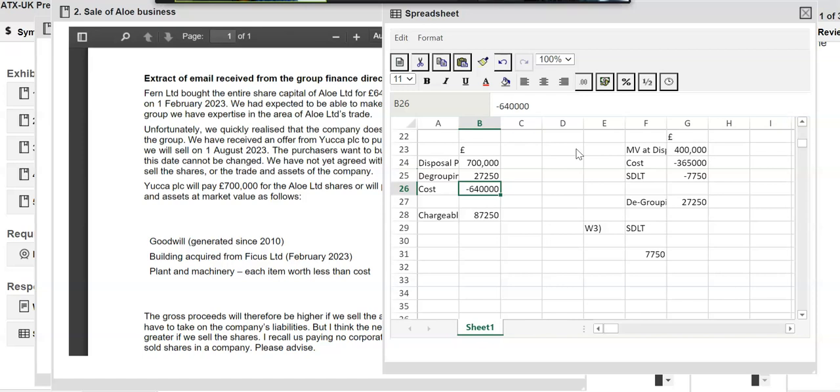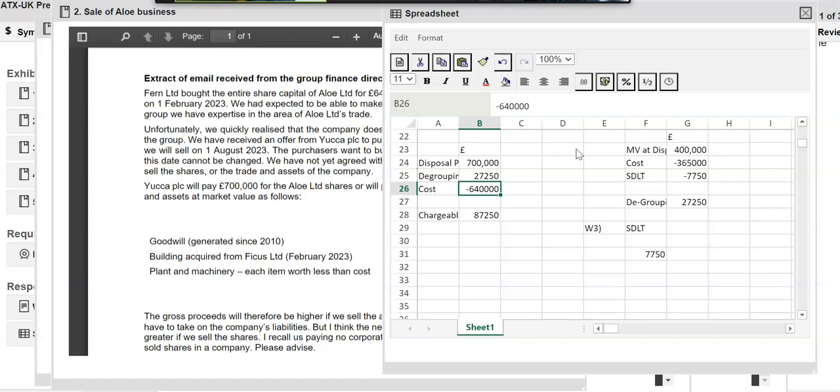And are there any VAT implications? No. Actually, there are no VAT implications because VAT is not applicable on the sale of the shares.